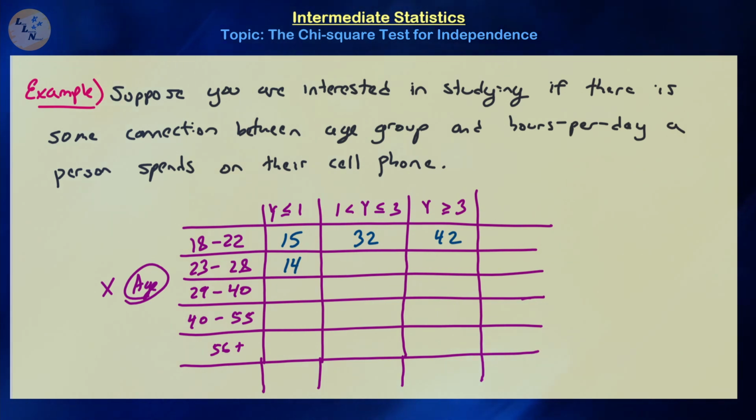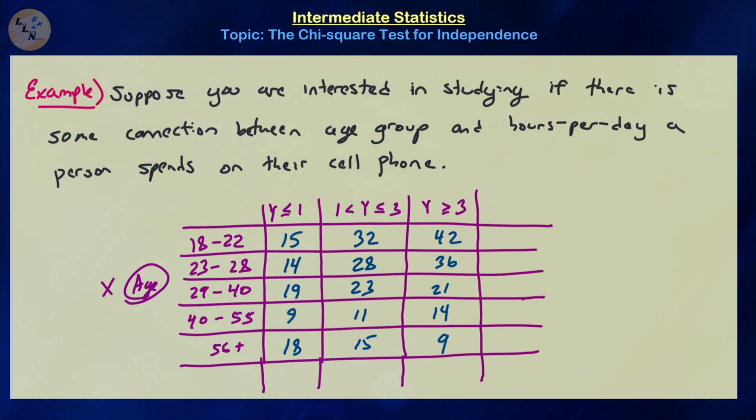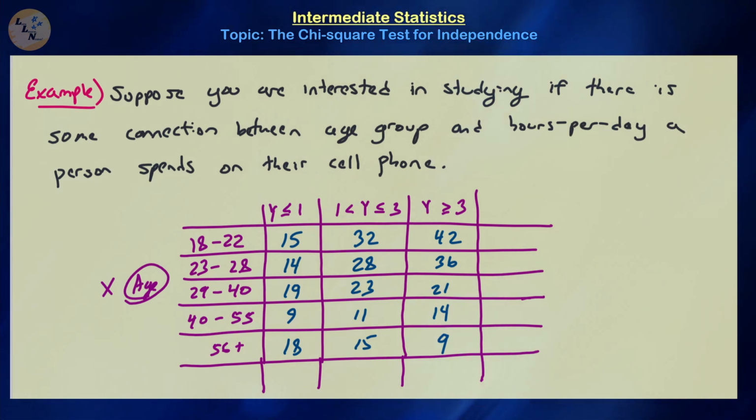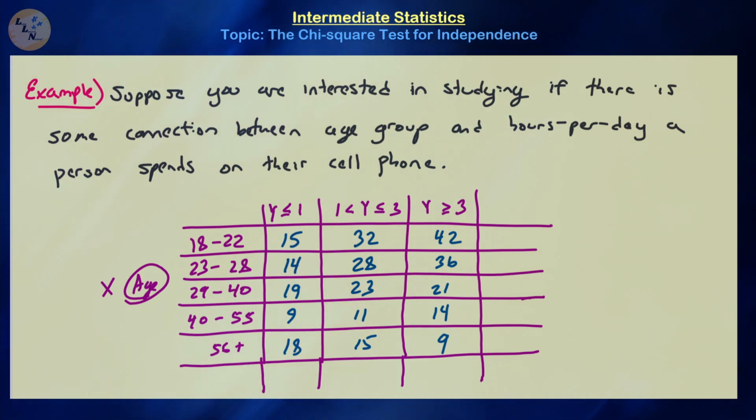Let's let this be 14, 19, 9, 18, 28, 23, 11, and 15, and then 36, 21, 14, and 9. So if these are all of your observations, from this data, do we have evidence to believe that there is some connection between age group and the amount of hours per day a person spends on their cell phone? Or pretty much what we're asking is, are these two variables independent or dependent?